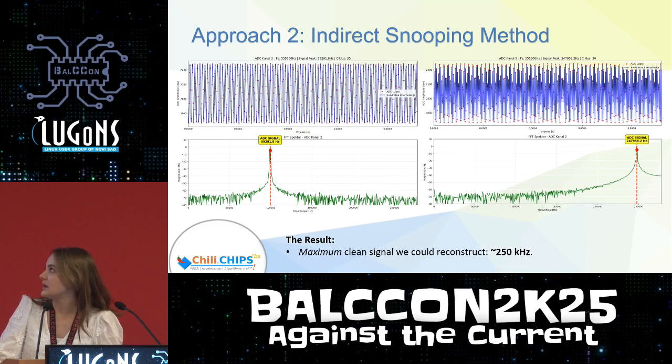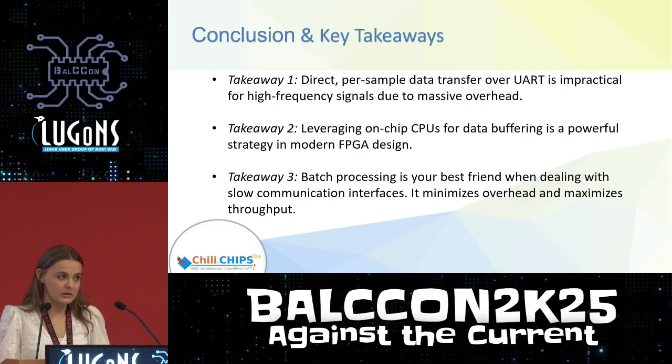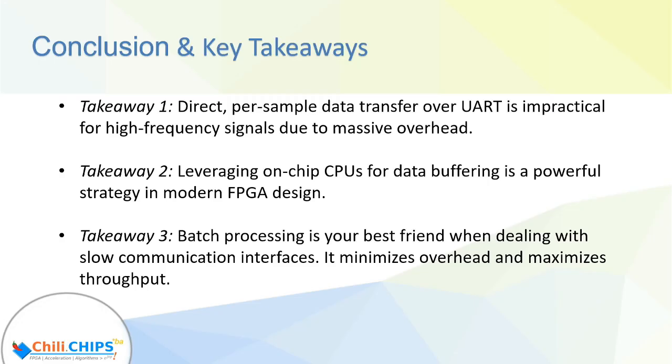Some takeaways from this: if you need fast sampling, direct per-sample data transfer via UART is really impractical for high frequencies. The second takeaway is that these modern FPGAs are really strong tools.